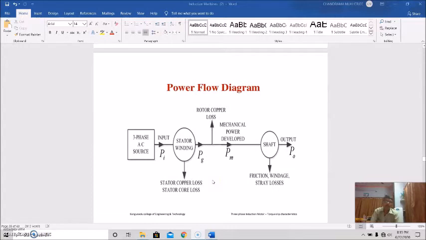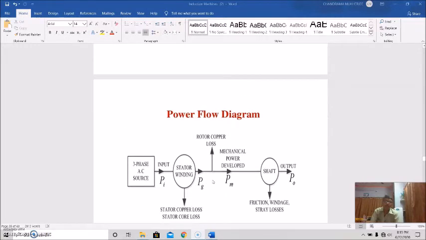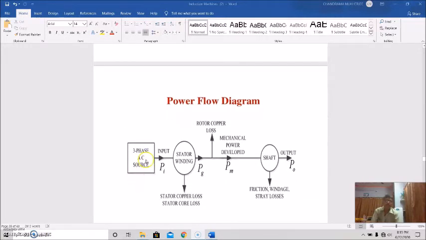It will be clear from the power flow diagram that basically we are supplying three-phase AC to the stator winding, and this is the input power PI. In the stator winding, the stator copper losses and stator core loss will happen. If we deduct these two losses, we get the air gap power, because the air gap is in between the stator and the rotor.